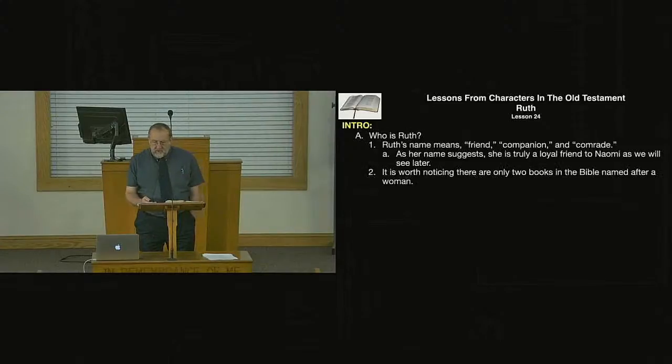It's also worth noting that there are two books in the Bible that are named after a woman. Of course, the book that we're studying, the book of Ruth, and the other is the book of Esther, which of course the woman is Esther.